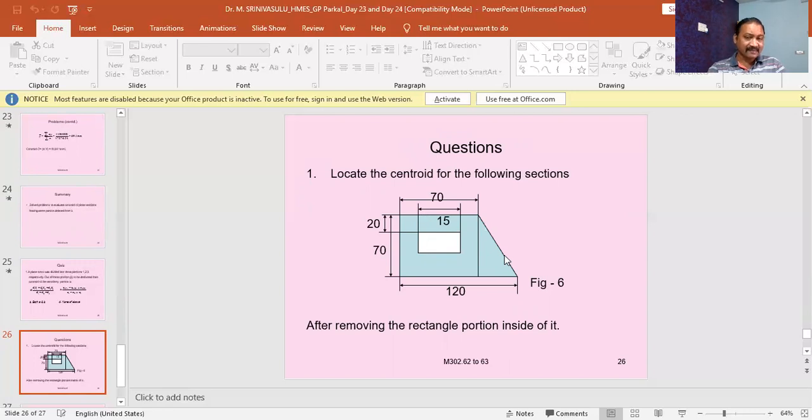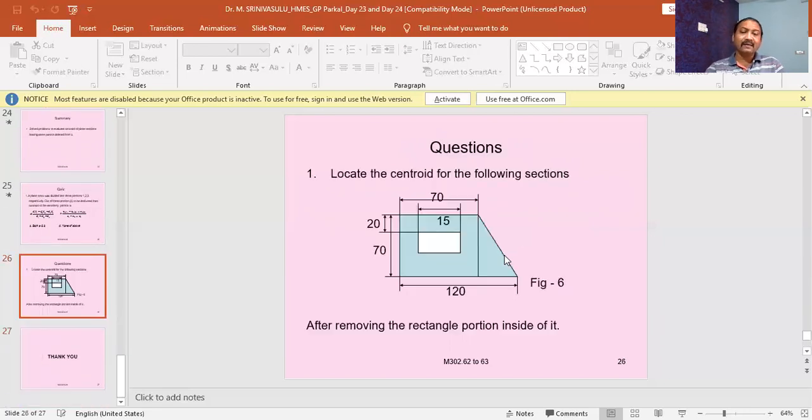The smaller rectangle is cut out from the bigger one, and we have to find the centroid of the remaining area after cutting out the smaller rectangle. This can also be found using the method adopted for the previous problem.